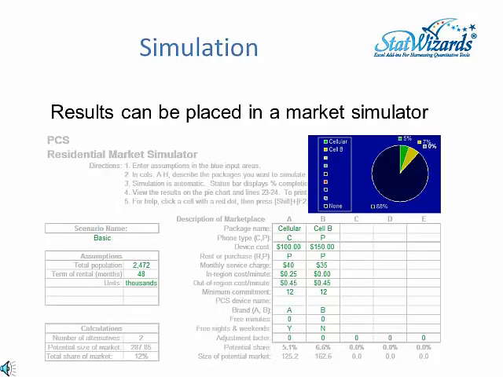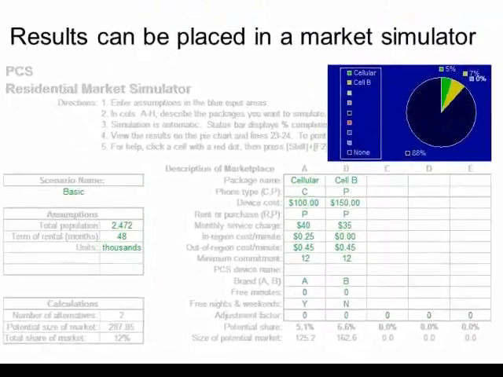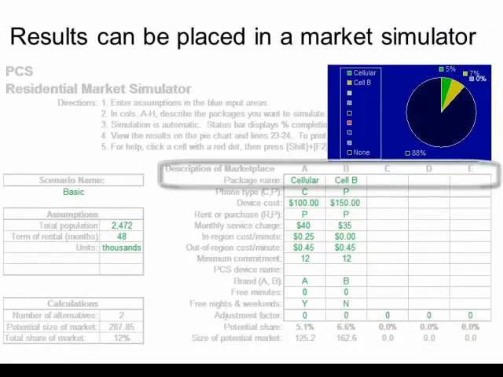We've taken the market segmentation approach and used it to construct a spreadsheet-based simulator. The above example that you see in the slide represents such a simulator for personal communication services. The user can configure a marketplace of up to 8 products, only 5 of which are shown in the slide.